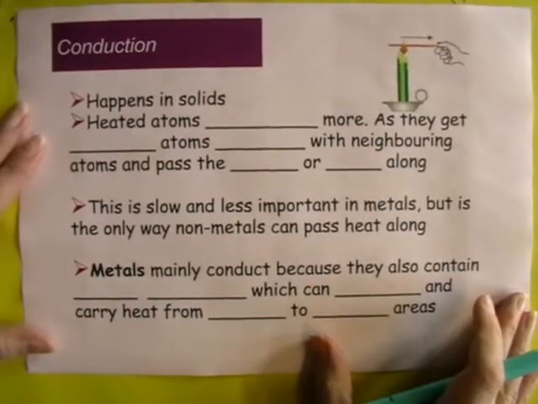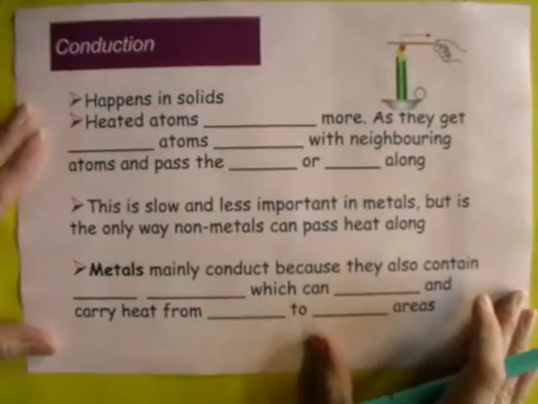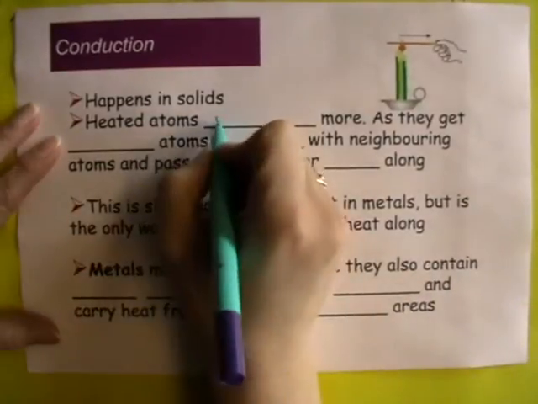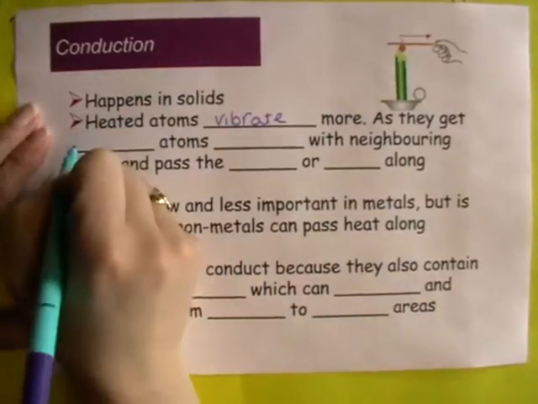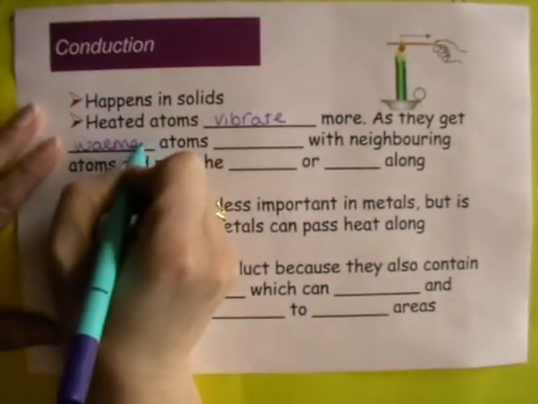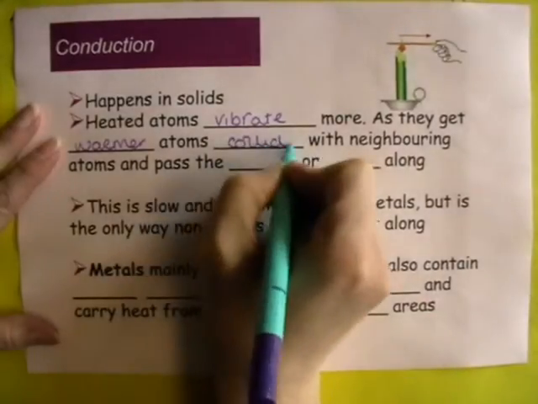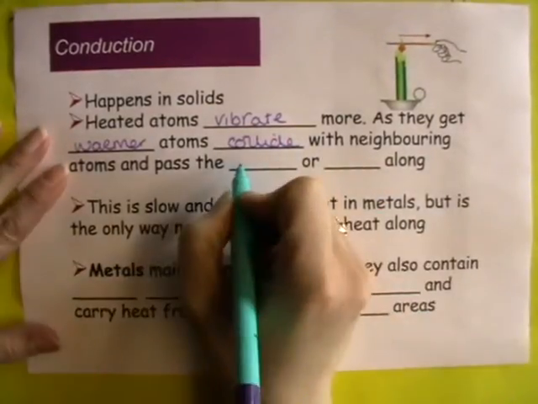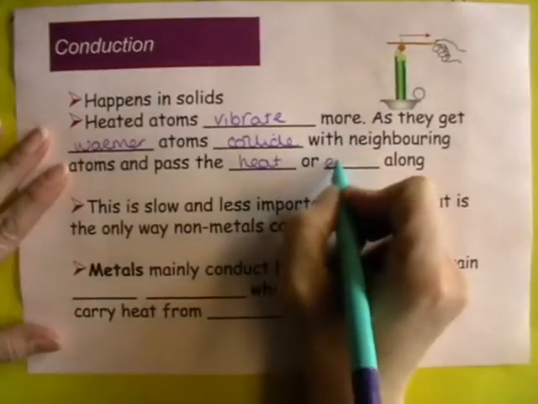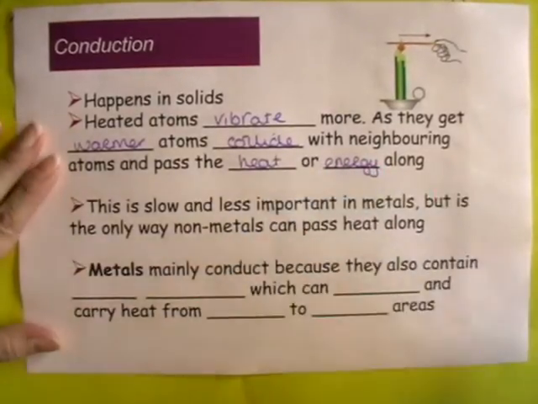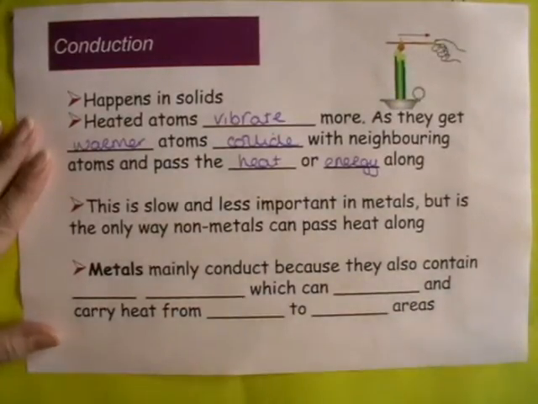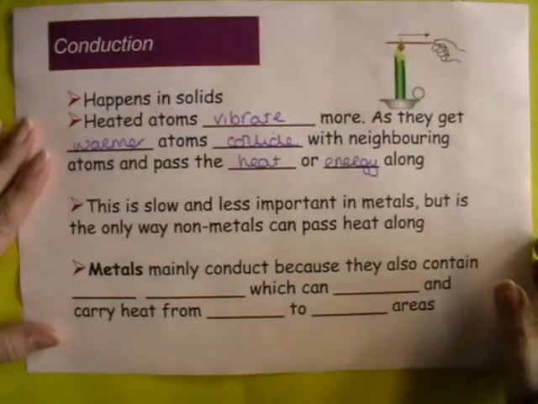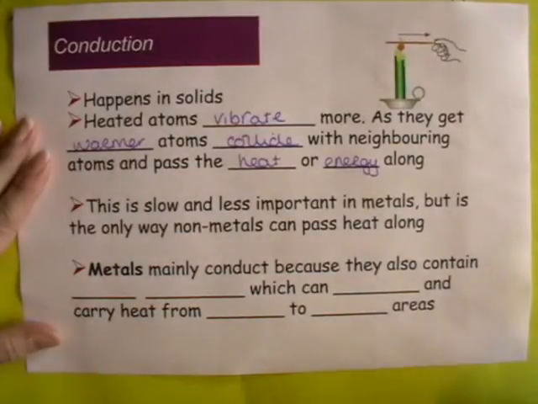So to define conduction then, well, firstly it happens in solids. Heated atoms vibrate more, and as they get warmer, the atoms then collide due to those vibrations with neighbouring atoms and pass the heat or energy along through the chains of atoms.